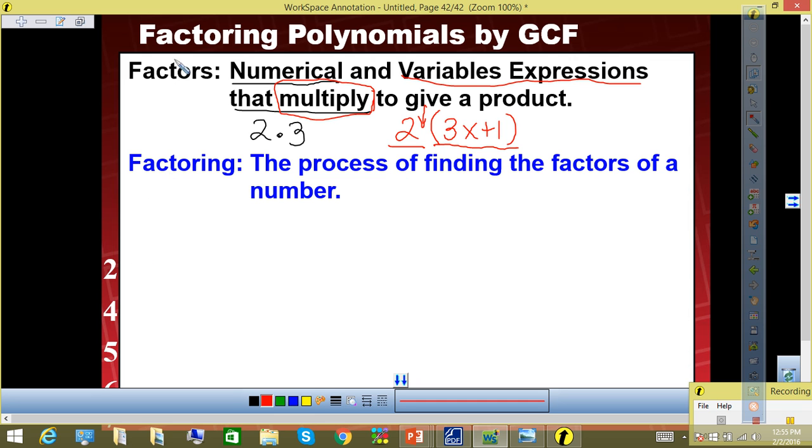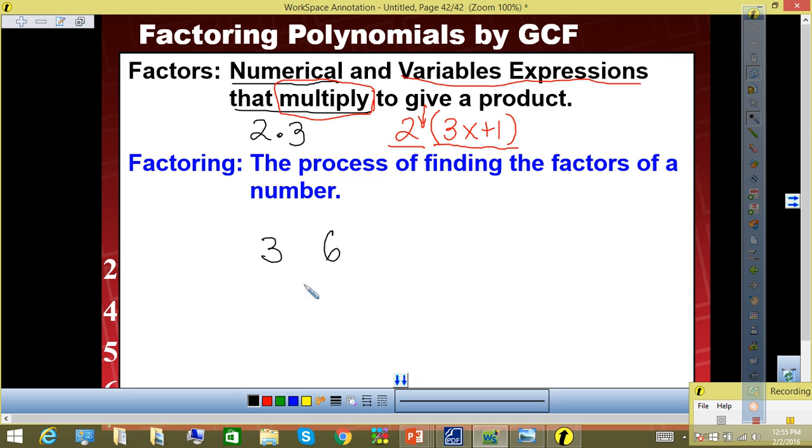However, factoring, even though it sounds similar, is the process of finding the factor. So, let's say I gave you the number 6. Think about one of the factors of number 6. What is one factor of number 6? Jonathan? 3.